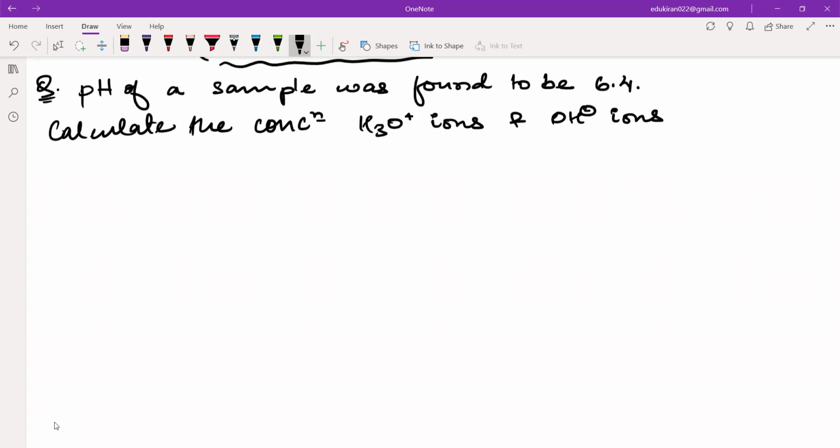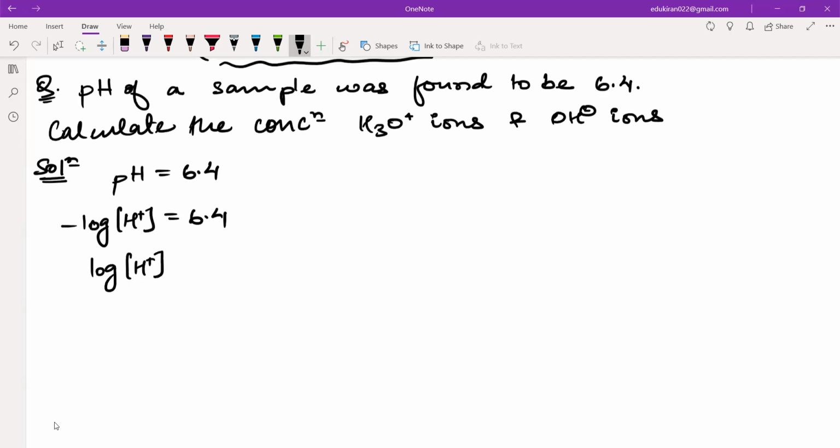So how are we going to solve this? You have to take your anti-log, but it is easy only. Don't worry about this. So you have pH equal to 6.4. pH means minus log of concentration of H plus, equal to 6.4. That means I can write this as log of H plus is equal to minus 6.4. Then I know that this is base 10.